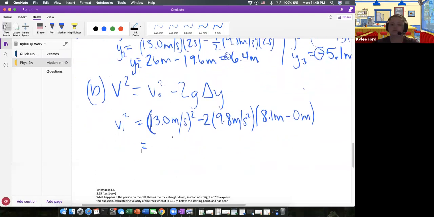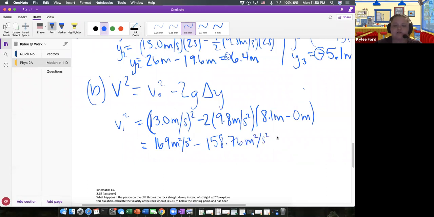So using a calculator, 13 times 13 is 169 meters squared per second squared, since these units also get squared. Minus 2 times 9.8 times 8.1, which is 158.76 meters squared per second squared.